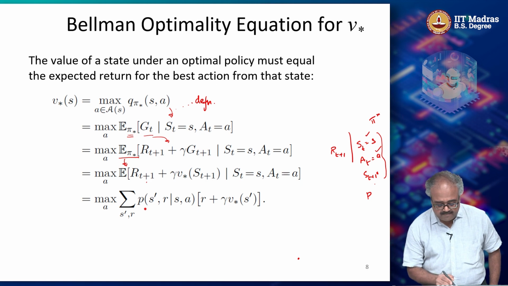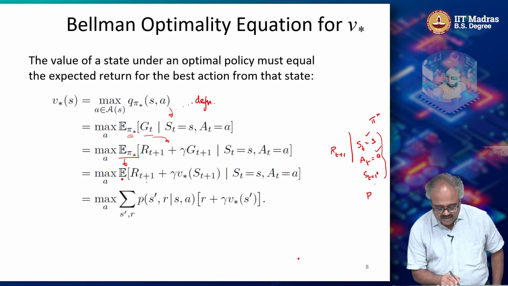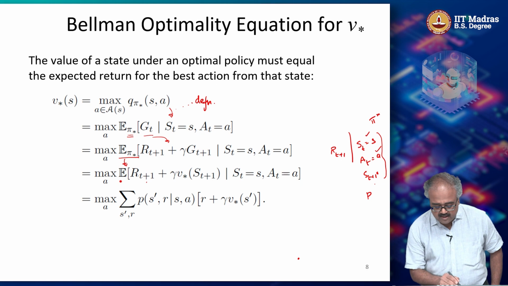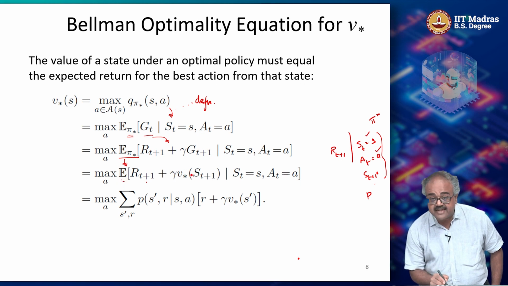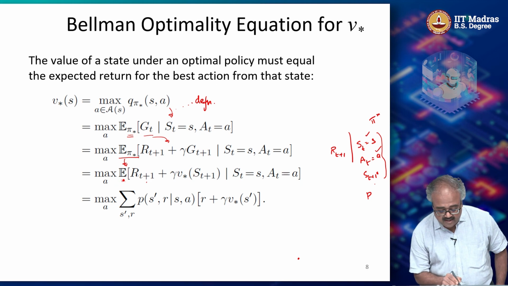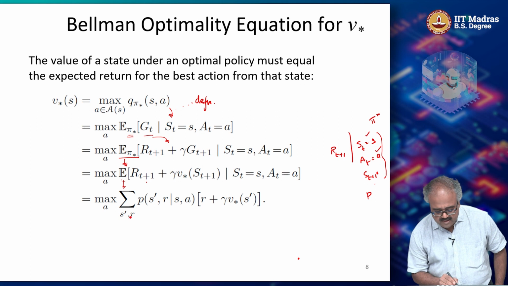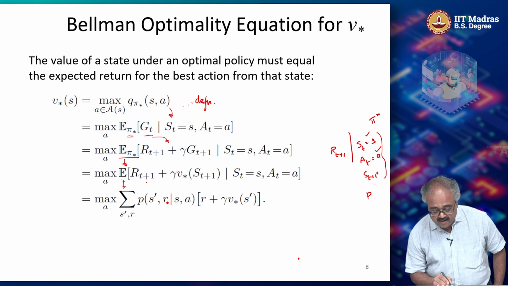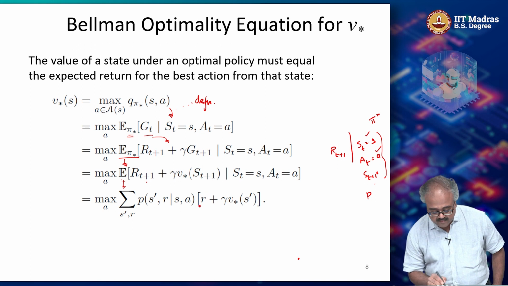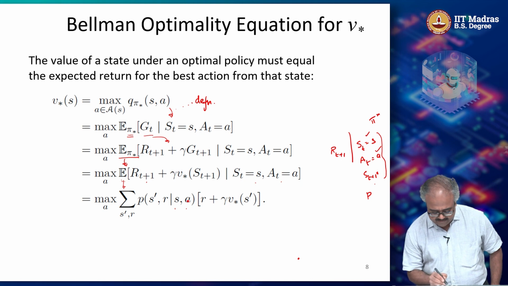So now I can simplify the whole thing and write this expectation just over P, because the pi expectation has now been pushed into the V star. I can take this expectation and simplify this. So sum over all possible S prime, all possible R, the probability of seeing that S prime and getting the reward R, given that I started in state S and took action A. So that's the part here.